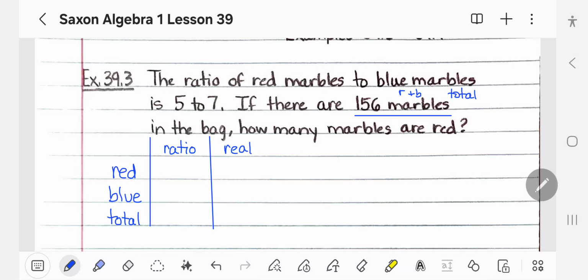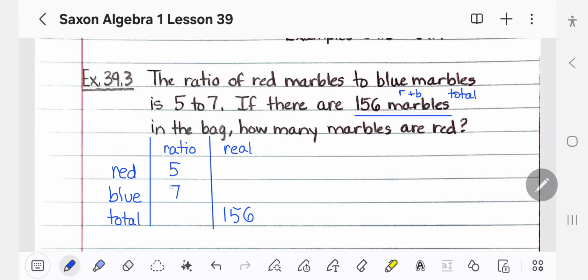Now, they've already told me the ratio of reds to blues is 5 to 7. They also told me there is a total of 156 marbles in the bag. So that's my real. It's not real reds or real blues. It's real reds and blues. So 156 goes here. So what else can I fill in?